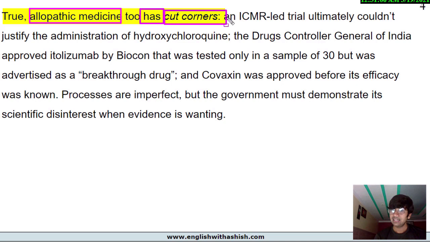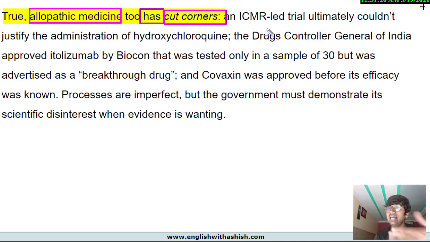Let's read it. An ICMR led trial, an Indian Council of Medical Research led trial ultimately could not justify the administration of hydroxychloroquine, right? Why are we saying allopathic medicine too has cut corners?